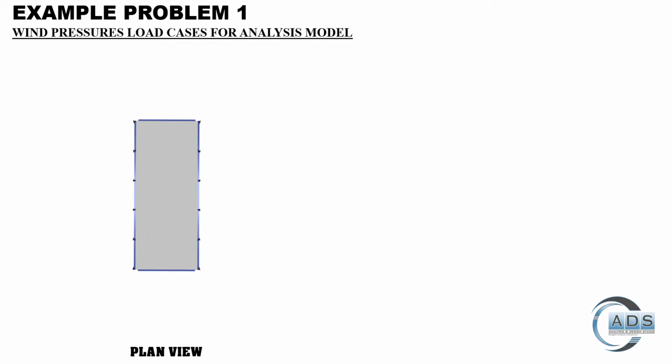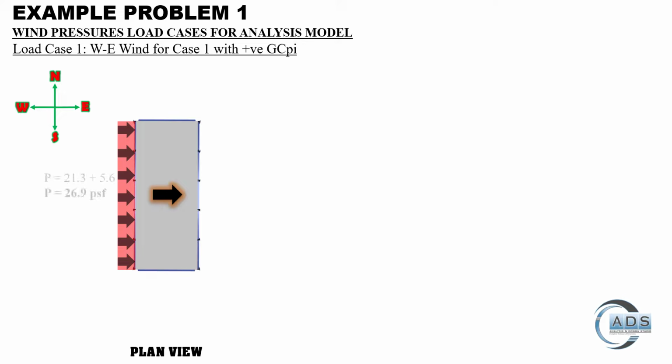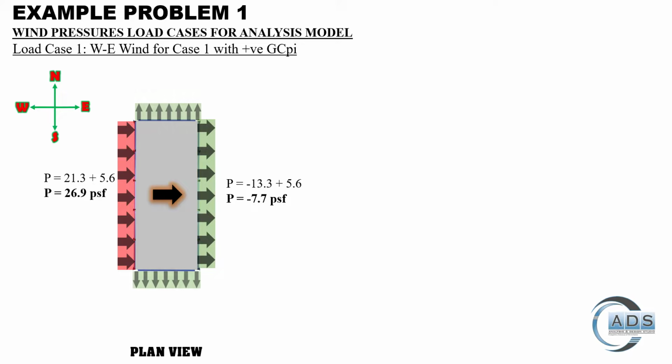Let's see the graphical representation of the wind pressures that we have calculated for all the load cases. This is our plan view of the building. For load case 1, wind is blowing from west to east, for case 1 with the negative GCpi. This is the windward wall pressure, this one is the leeward wall pressure, and these are the side wall pressures.